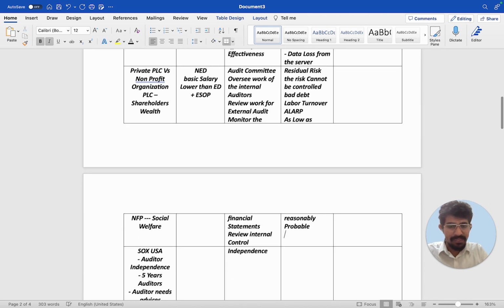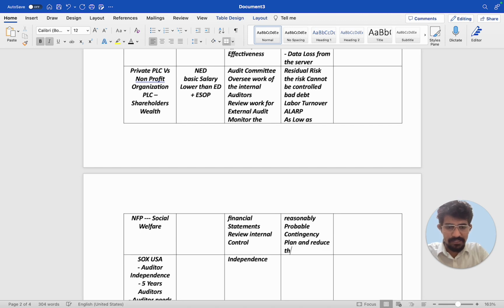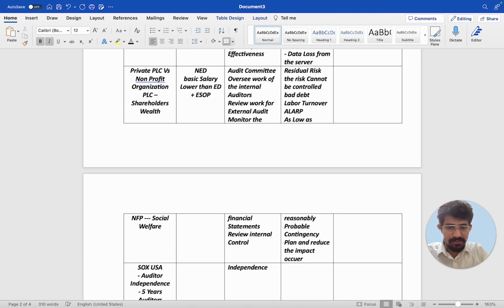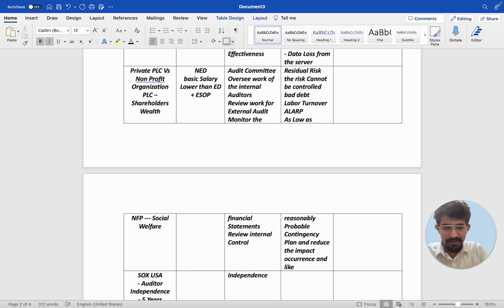That means you have to develop a contingency plan and reduce the impact of occurrence and the likelihood. For example, insurance can be taken in order to do it, or blacklist the people, because that will reduce it. That is one more thing as well.